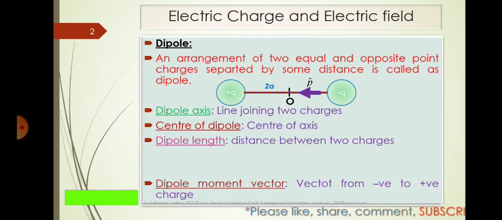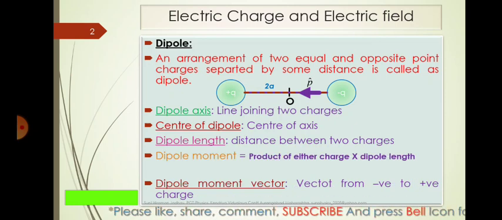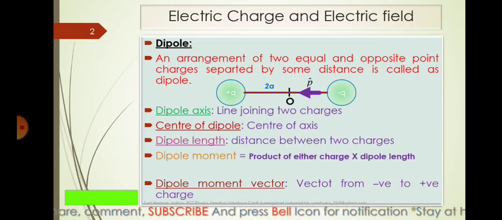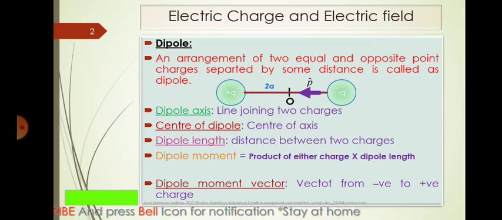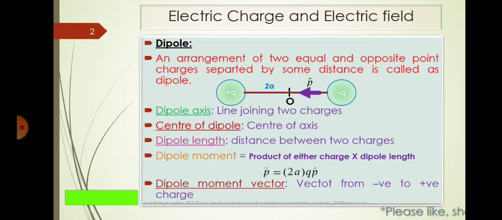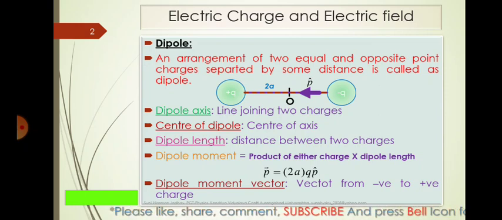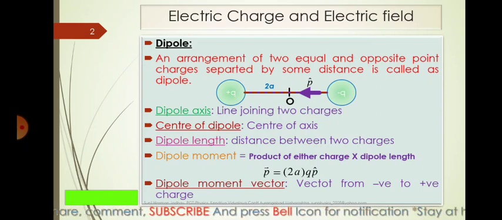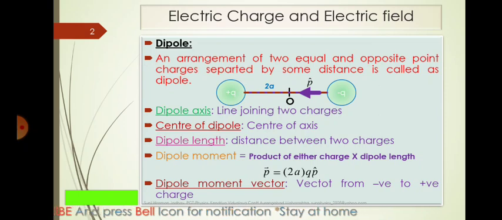Now we can define the dipole moment of this dipole. Dipole moment of a dipole is defined as the product of either charge and the dipole length. So that's why P is equal to 2a into q. Basically this dipole moment is a vector quantity, right?